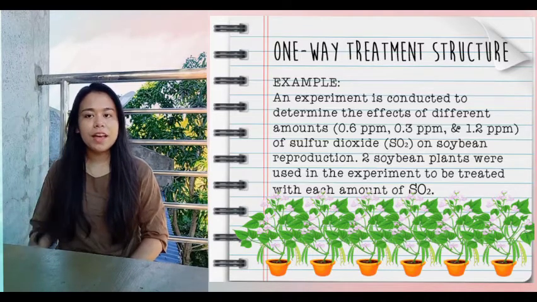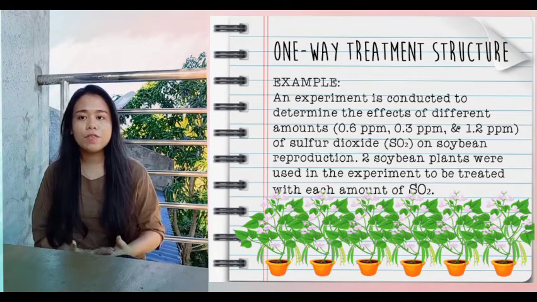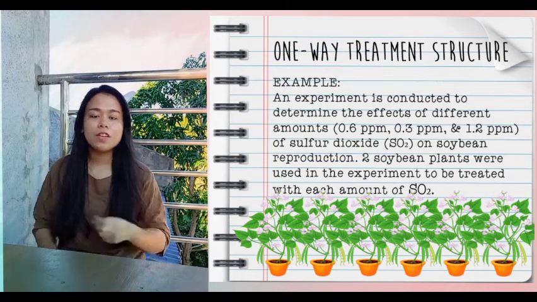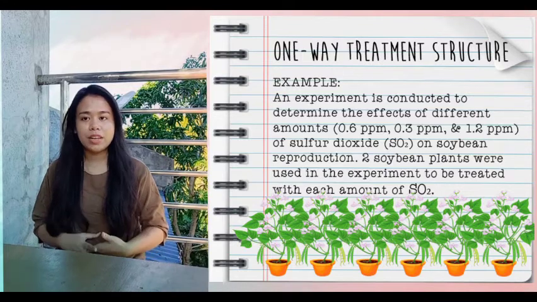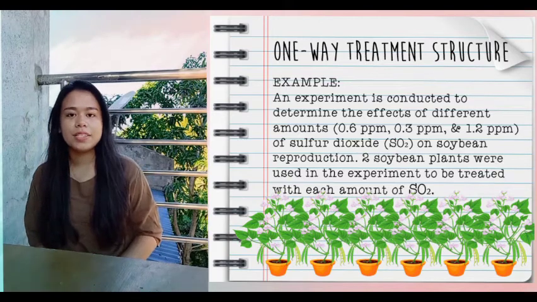We are to determine the effects of these different amounts of sulfur dioxide on soybean reproduction. Two soybean plants were used in the experiment to be treated with each amount of sulfur dioxide.